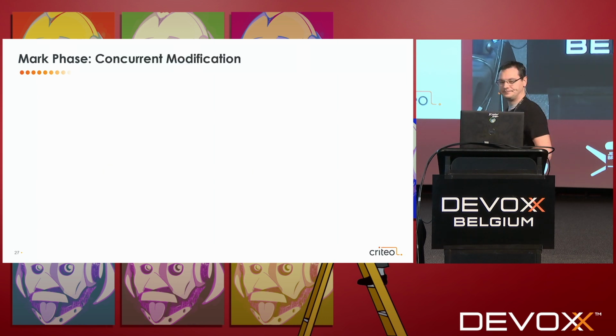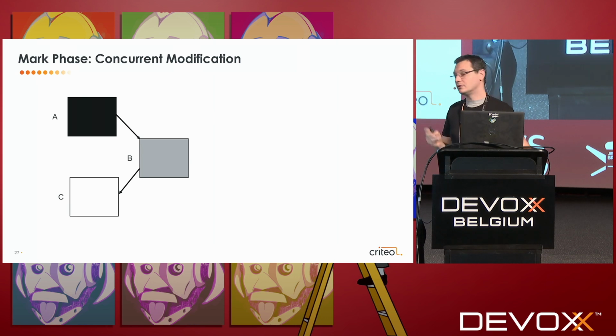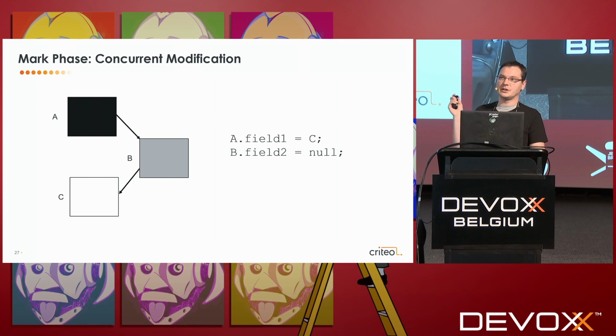So how does it work? We have this example that we saw previously. We are in the middle of the marking at B object. The application changes the reference in the process. As we load the reference C here, we trigger the LVB. The LVB checks if this C object is marked. As it is not marked, we mark this object.